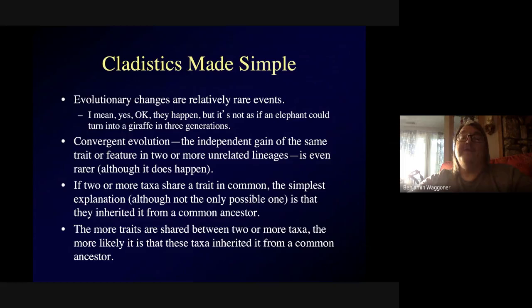And it's even more rare that you get convergent evolution, which is the independent gain of the same or similar traits or features in lineages that are unrelated to each other. It does happen. One of the most famous examples Darwin realized when he visited Australia as a young man and discovered that Australia's got things like marsupials that look exactly like moles, these burrowing mammals, marsupials that look a lot like flying squirrels, marsupials that look a lot like anteaters and yet aren't.